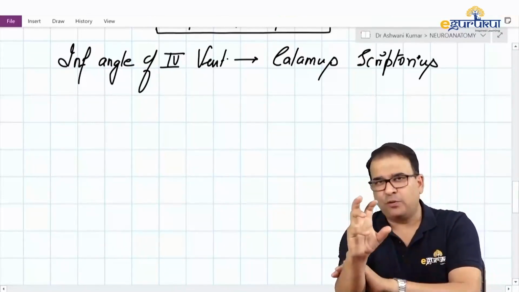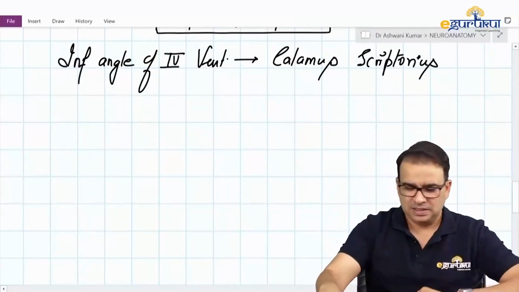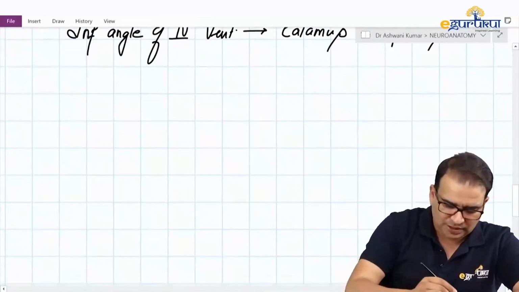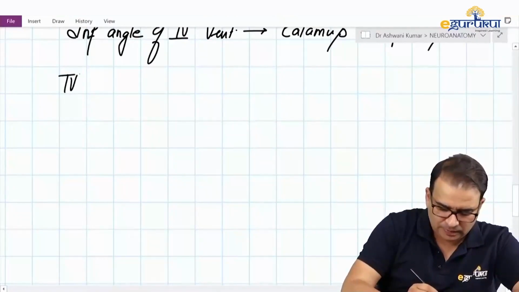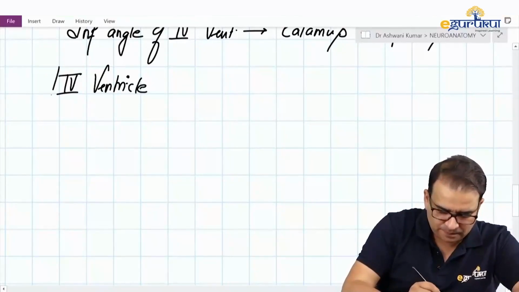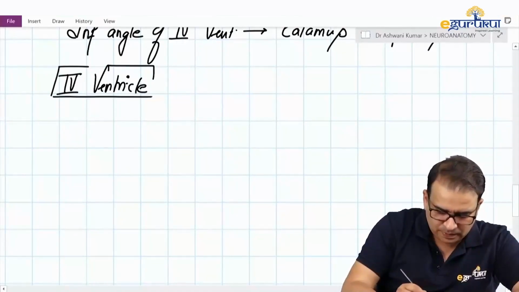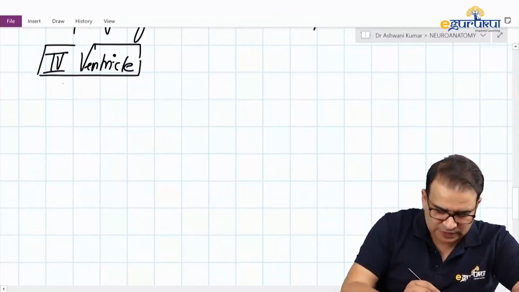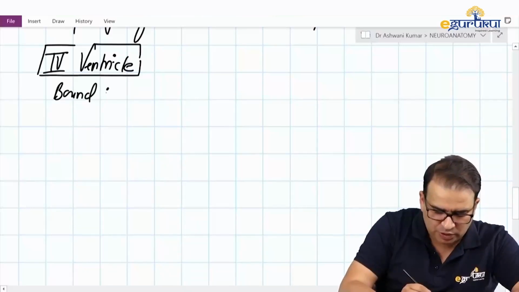Now, if I just talk about the fourth ventricle, to summarize at one place, let's write down the points regarding it. Starting with the boundaries, what structures are forming the boundaries of the fourth ventricle?